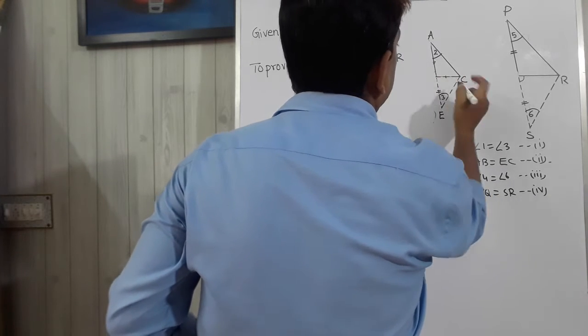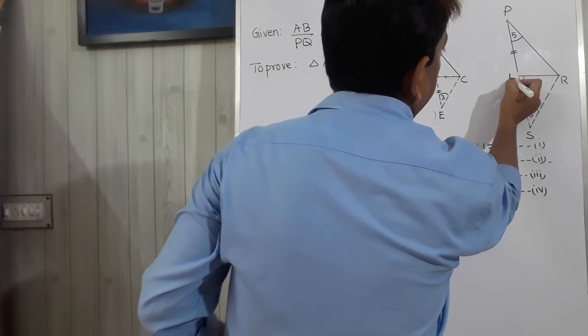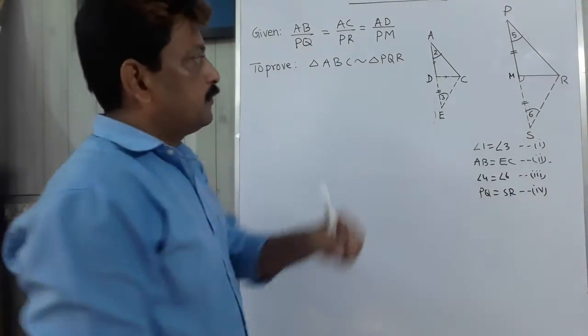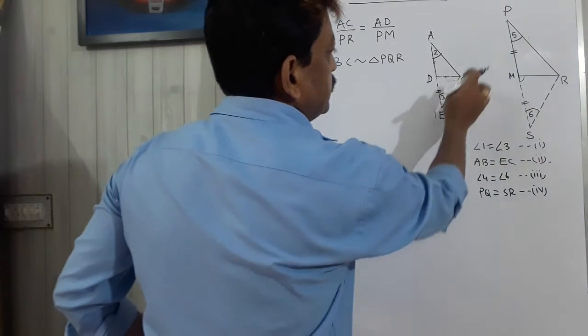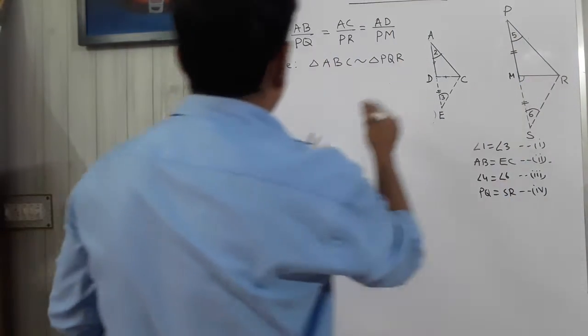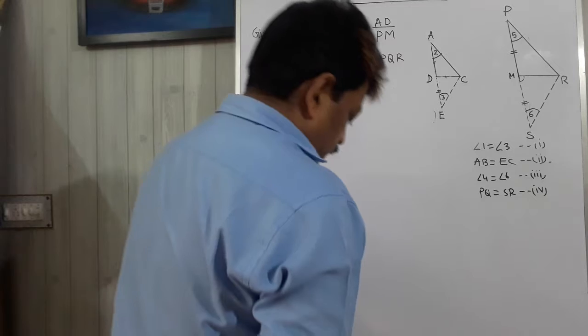This is D and this is M. These two triangles we have to prove similar. Triangle AEC and triangle PSR. So what are the things we are getting equal?